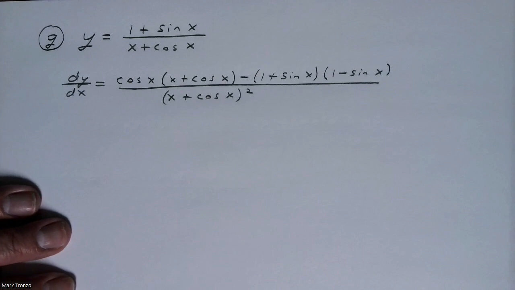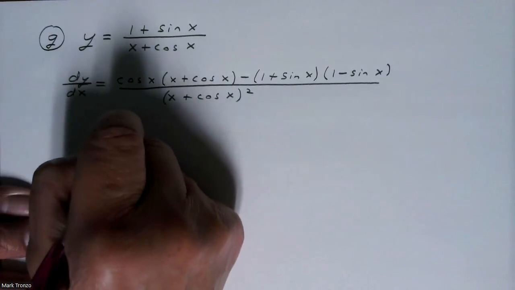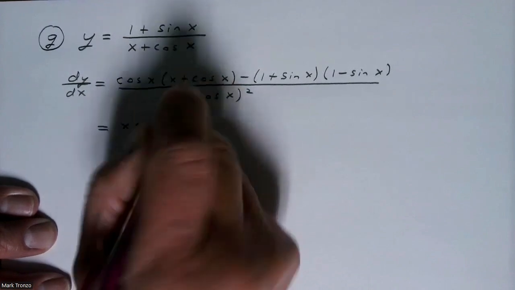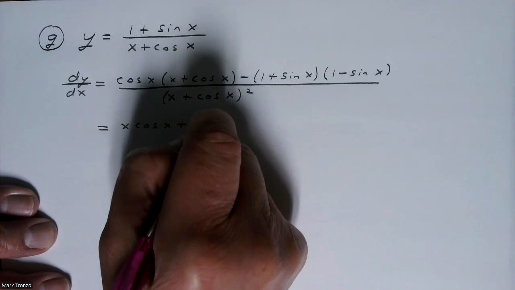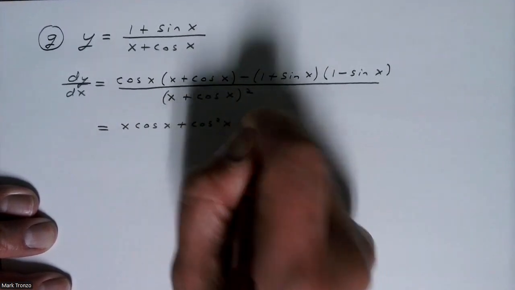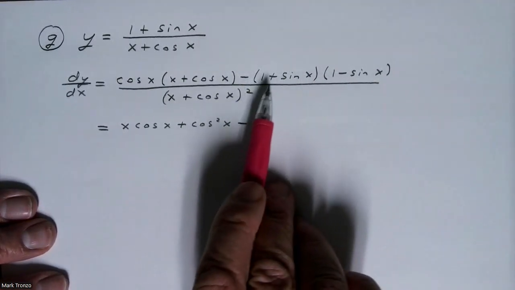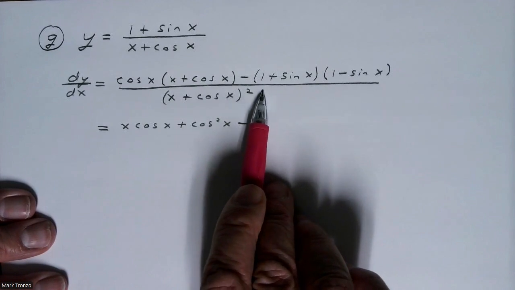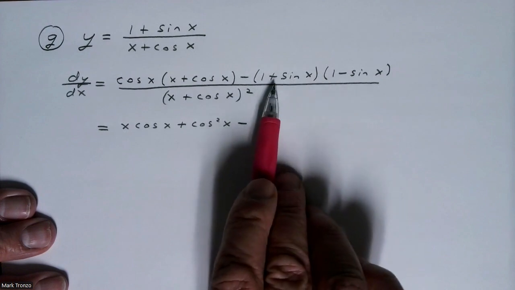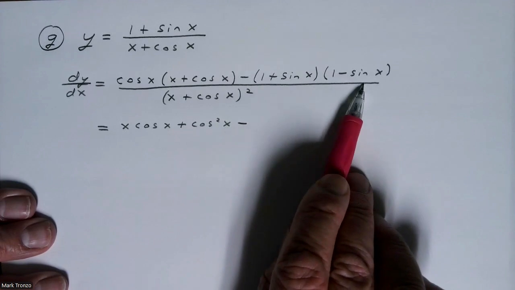And let's multiply this out to see if we can simplify anything. x cos x plus cos squared x. Now over here, when we FOIL this, you can notice that the middle term will end up disappearing because we're going to end up with 1 times 1, and then minus sine x over here.